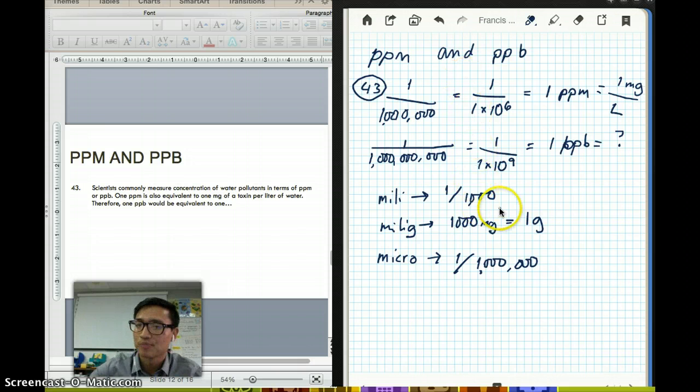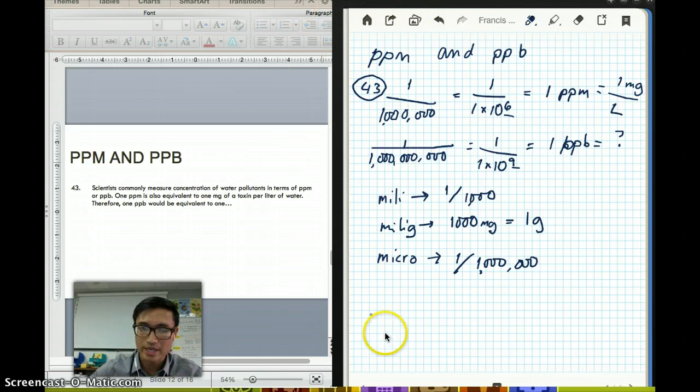It's pretty small. So if we look over here, we see the difference between 1 part per million and 1 part per billion. How many zeros are there of difference between 1 times 10 to the 6th and 1 times 10 to the 9th? Again, 3 zeros, just like how 1 milli, which is 1 over 1,000, and 1 micro, which is 1 over a million, are also different by 3 zeros, all right?